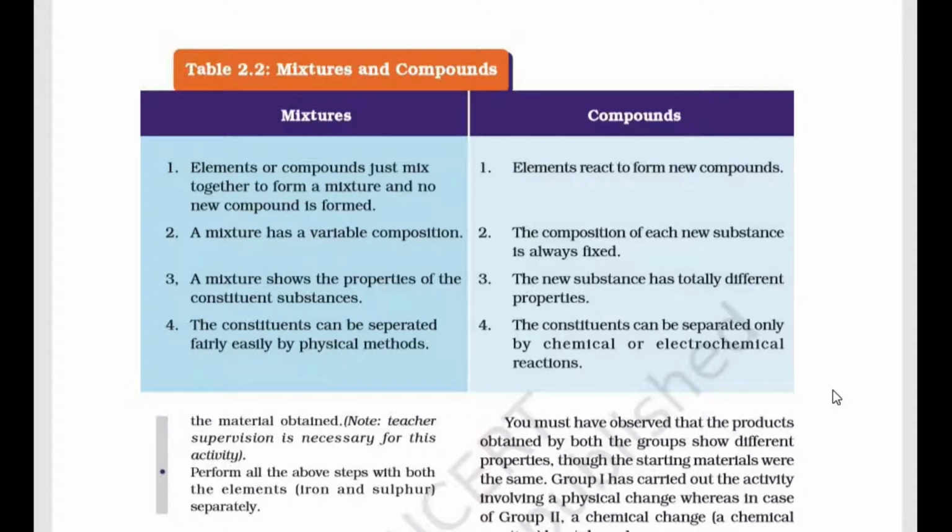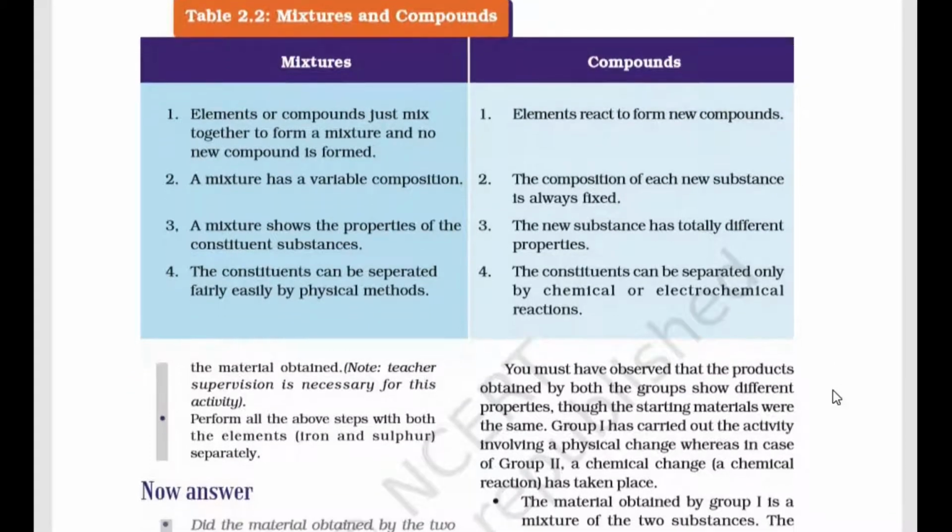So first of all, what is a mixture? When two or more elements or compounds are just mixed together, they form a mixture. But when elements are reacted, they form new compounds. A mixture has a variable composition, but the composition present in a compound will always be fixed.